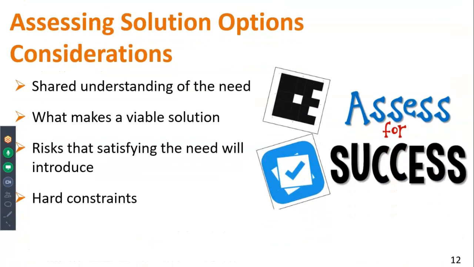Okay. Assessing solution options consideration. If we understand what we're trying to do, then we can understand what needs to be done in order to achieve that. More understanding around the objectives and the goals and the measurable outcomes, we can say what will constitute a viable solution here. As I pointed out earlier, we could have projects that involve the creation of software.